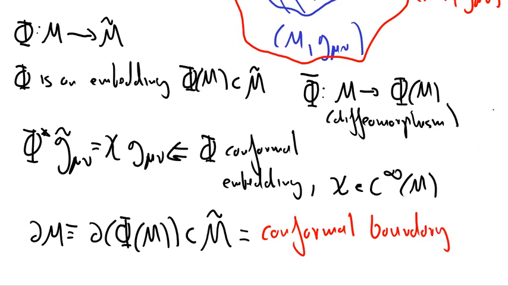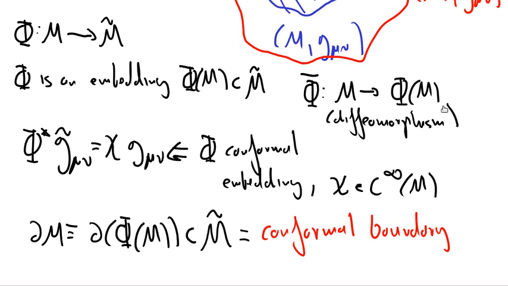Conformal is because we are using a conformal embedding, and it is the boundary because this set is the boundary of the image of our original manifold M.